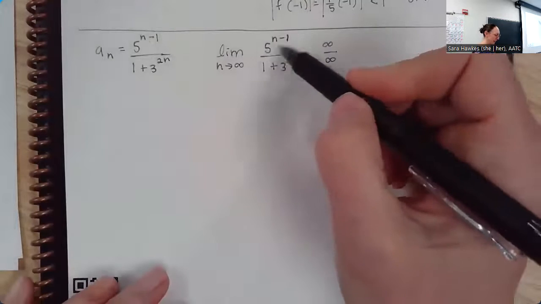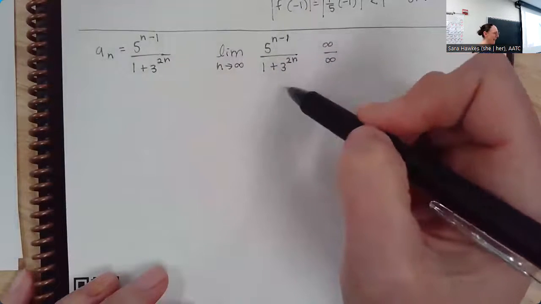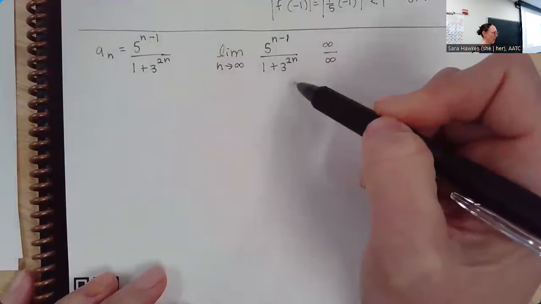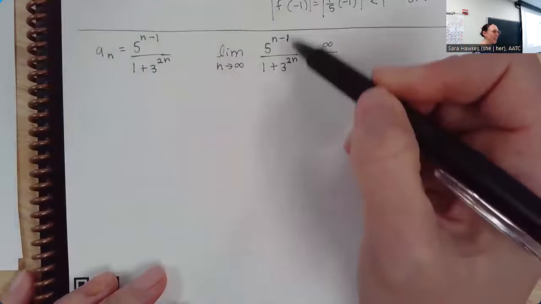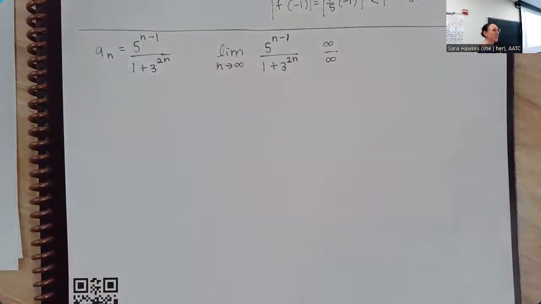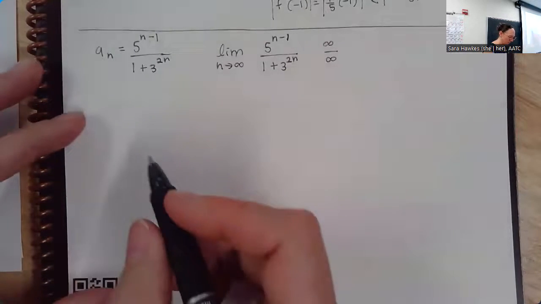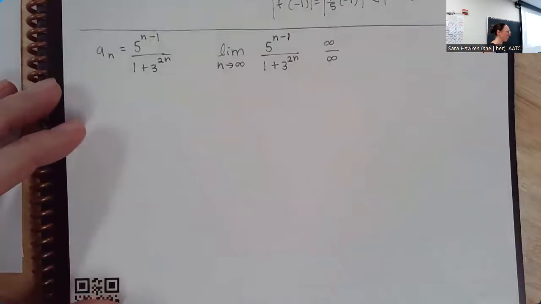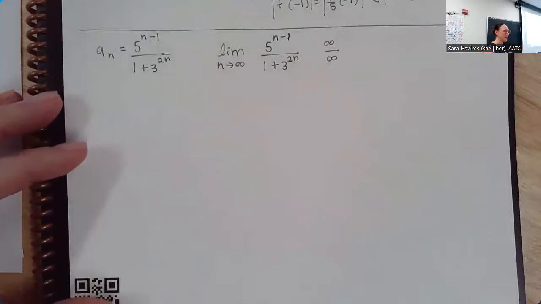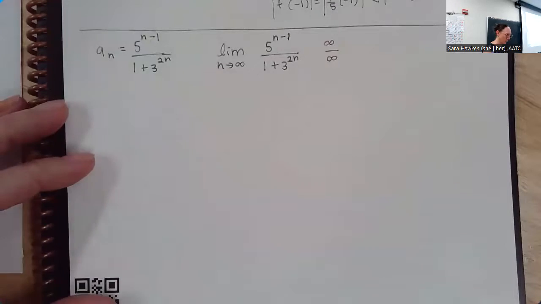We have an exponential function on the top and an exponential function on the bottom. So if I have exponential functions, I really want to try to do algebra and work with exponential stuff before I try L'Hopital's. In the section on sequences in our book, there's an important piece to geometric sequences that I think a lot of people glossed over.